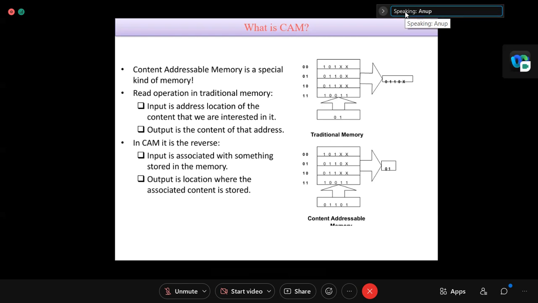Normally when we search, if I ask my mother where the haldi is kept, she answers, it is in the right side upper rack. Means she tells me the location.